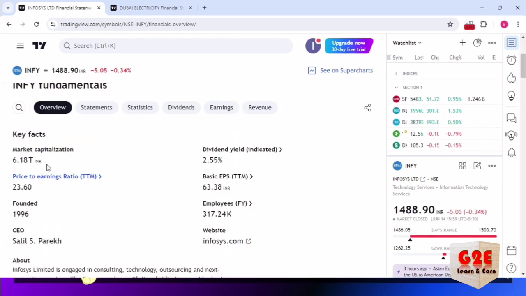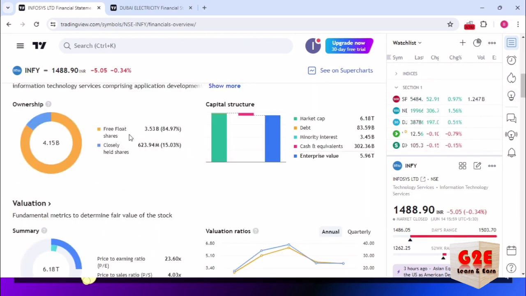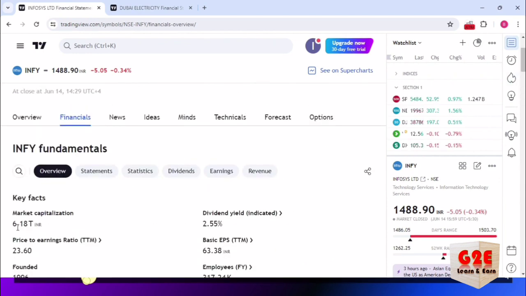Market capitalization is outstanding shares multiplied by the current market price. Outstanding shares means free float shares plus closely held shares. If you add them together and multiply by the current market price, you get the value of market capitalization.